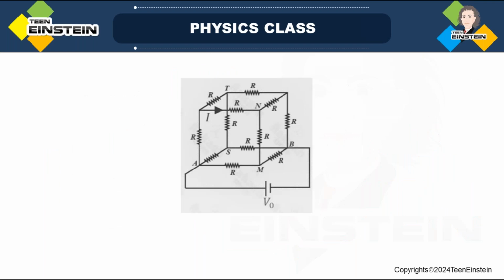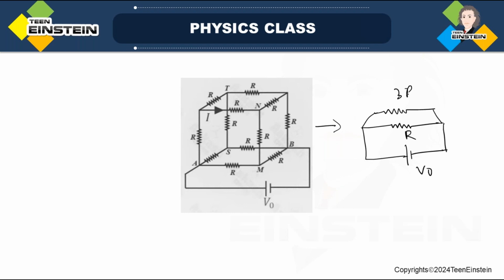Now look, the whole figure will be like this. This is R, and along with that there will be this battery V0, and this is 3R.